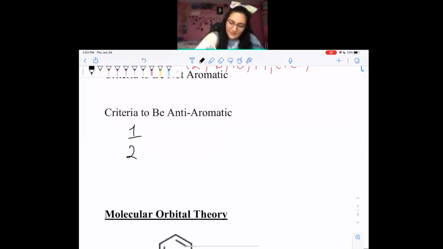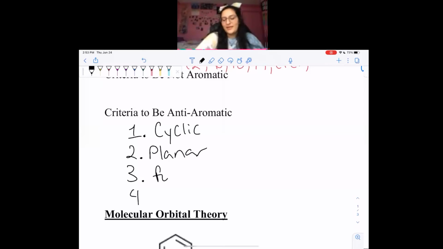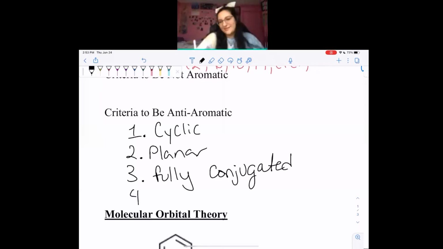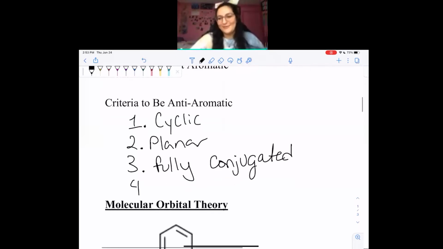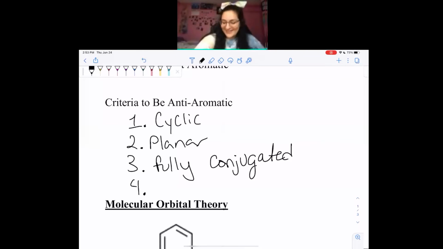So we're going to say 1, 2, 3, 4. The first 3 rules are exactly the same. So it's cyclic, planar, and fully conjugated. Someone said the almighty rosemary method saves lives. That comment by itself is going to get me through the week. Thank you. Okay, so then number 4 is a slightly different thing than aromatic.